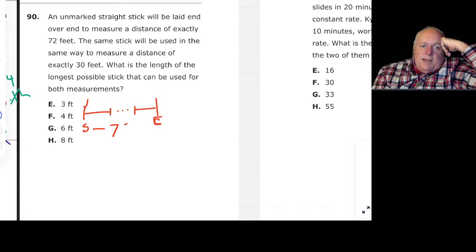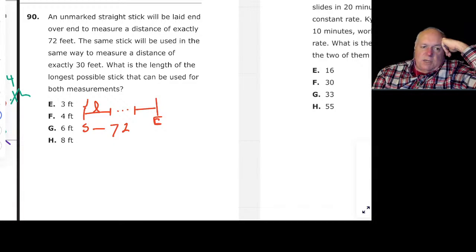They tell us now that the same stick, so whatever this length is here, let's call it L, that same stick is laid end to end as well again, and it ends up being 30 feet.